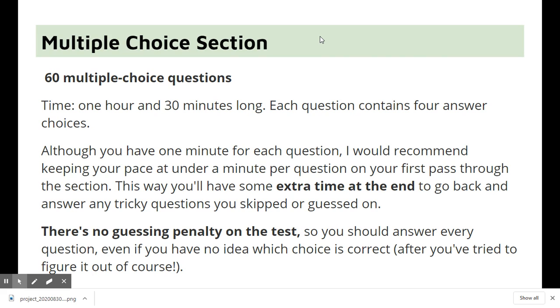My recommendation, and the recommendation from other AP Biology teachers, is that you try to keep that pace at under a minute per question so that you have time to go back to questions that you skipped or had to guess on, and work on those a little bit more in detail. Also, just to emphasize, there is no guessing penalty on the test, so I'm definitely encouraging you to answer every question, even if you don't know what the answer is.